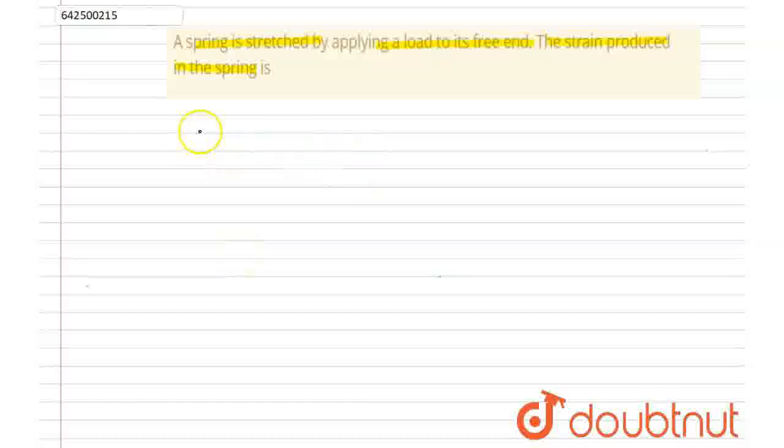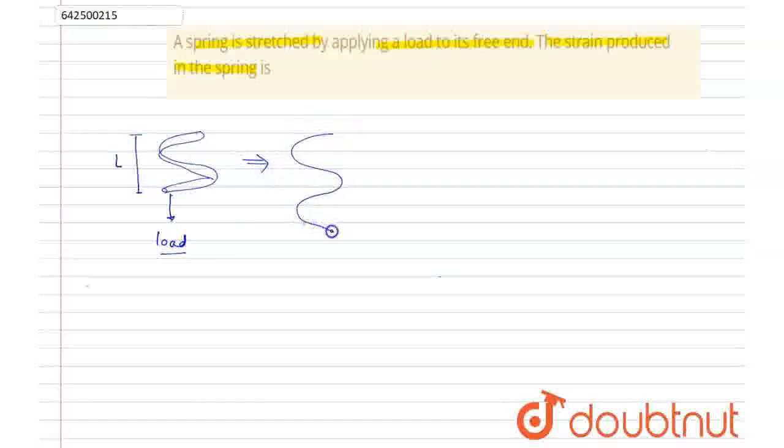So let's first make the spring. So this is our spring of length L. And we applied load here. And due to this load, there is some change in its length, due to the strain produced in the spring.